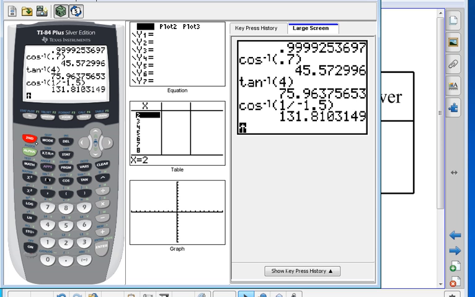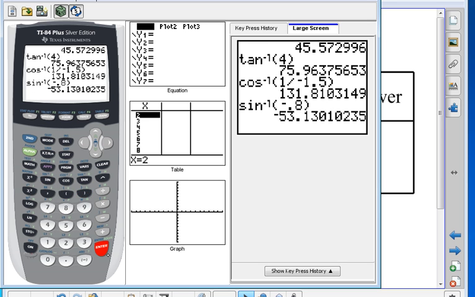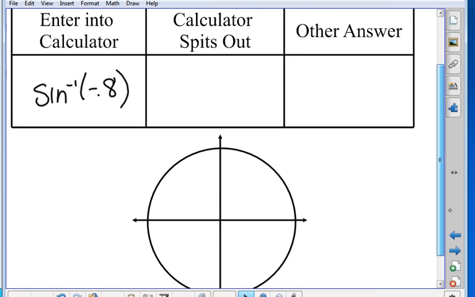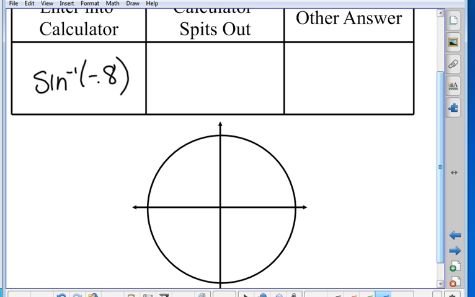All right, second sine, still not working very well, sorry. Second sine, there we go. Let's try this one more time. Second sine of negative 0.8 gives me negative 53.13 degrees. Your calculator will spit out negative 53.13 degrees, so right about there.